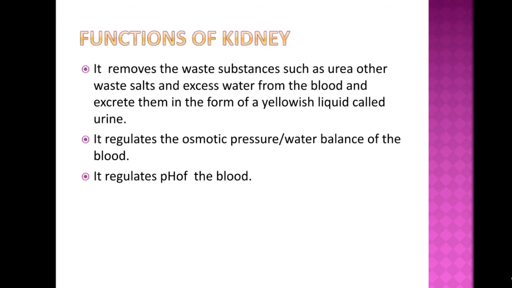The kidney removes waste substances such as urea, waste salts and excess water from the blood and excretes them in the form of a yellowish liquid called urine. So the urine removed from our body is a yellowish liquid.